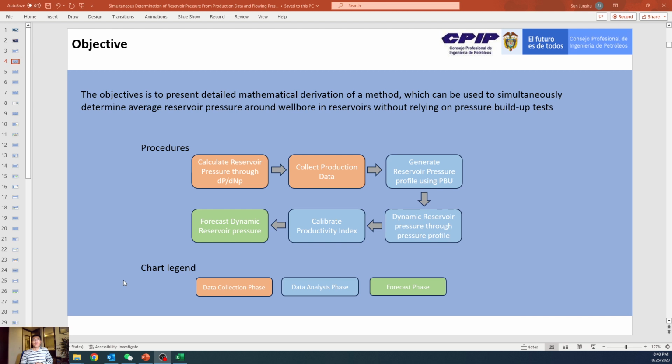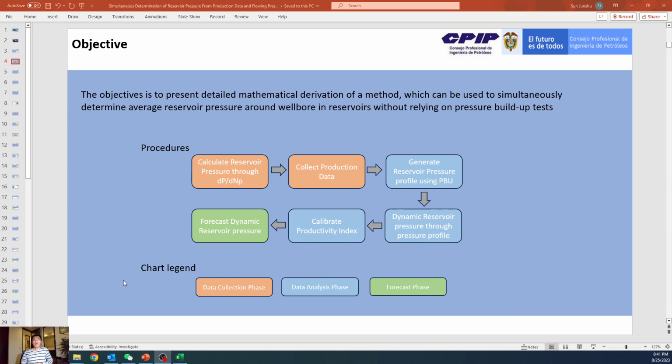Third, generate the reservoir pressure profile using the pressure buildup result. Fourth, determine dynamic reservoir pressure through pressure profiles in a multi-well system.